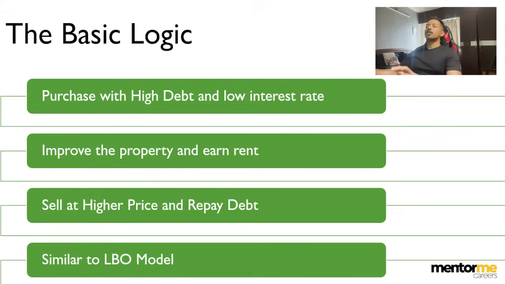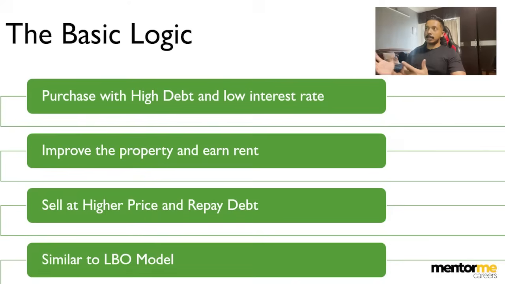So it's a very simple transactional logic to real estate investments, and it is not very different from how any individual would buy a real estate property, use a lot of debt, and at the end sell it, if the person is doing it from an investment angle. That is also very similar to what we call a leveraged buyout model.